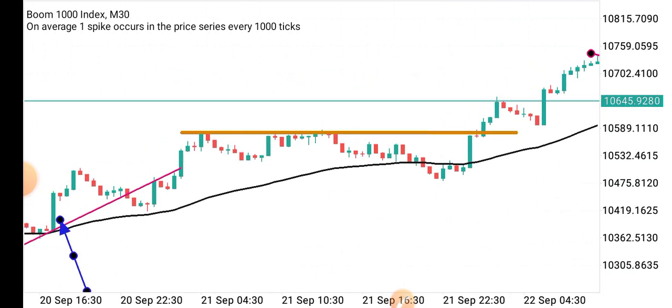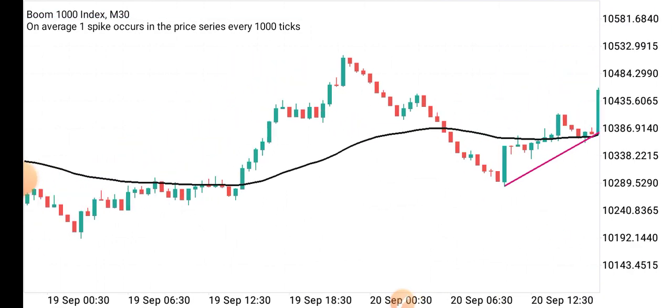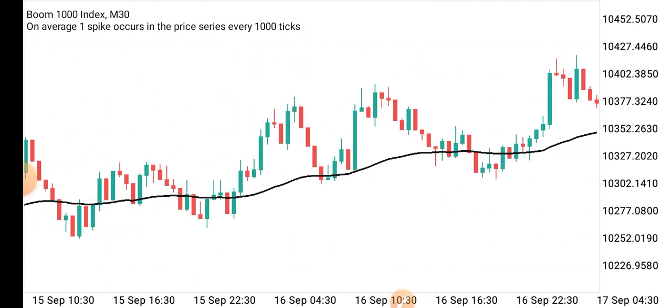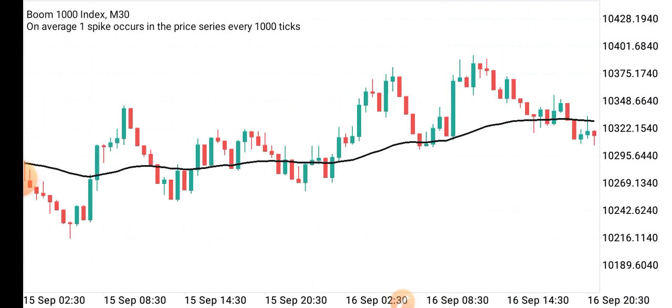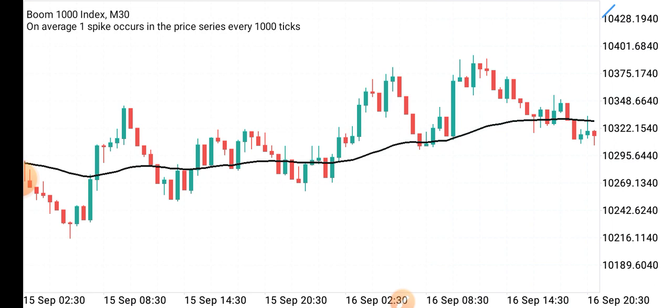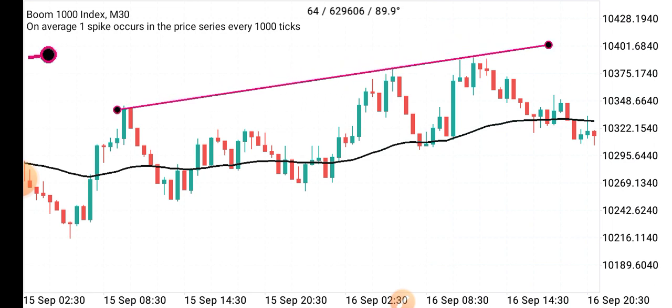Let's check where we can. All right, so I think I've gotten something here. You see this? So the bearish engulfing candlestick pattern works here also.